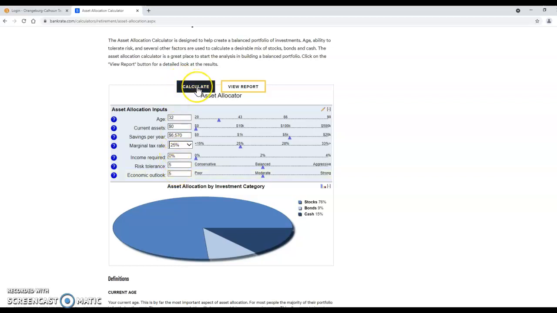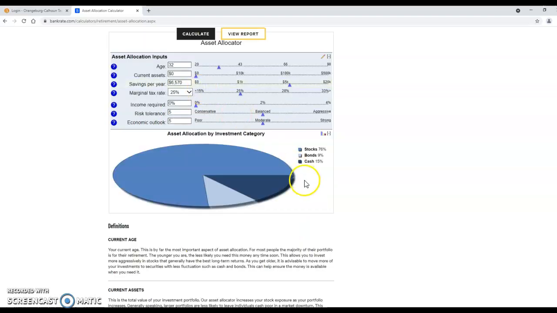Then you hit this blue calculate button, and it shows you this pie chart, and over to the right it gives you the exact numbers. If you're 32, you should invest 76% in stocks, 9% of your 401k in bonds, and the rest in cash and money market accounts. Cash includes savings accounts, money market accounts, things like that that aren't going to get you a lot of rate of return.